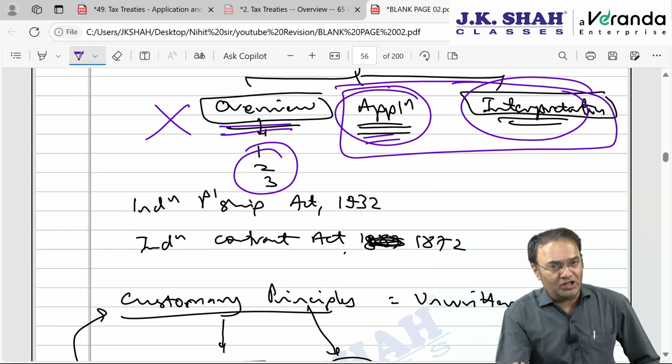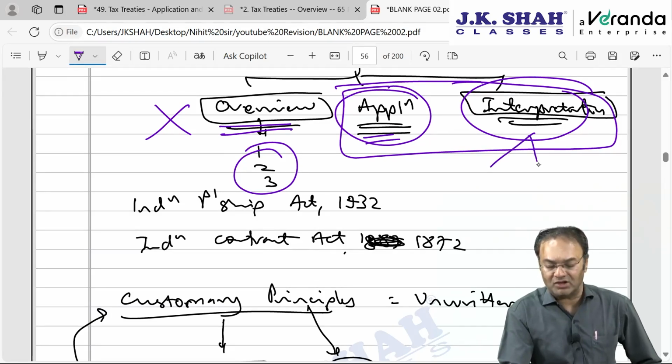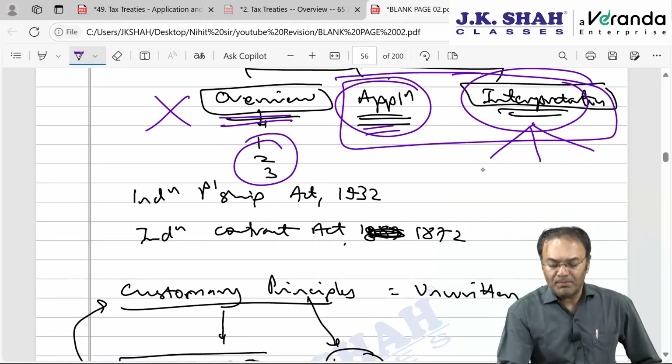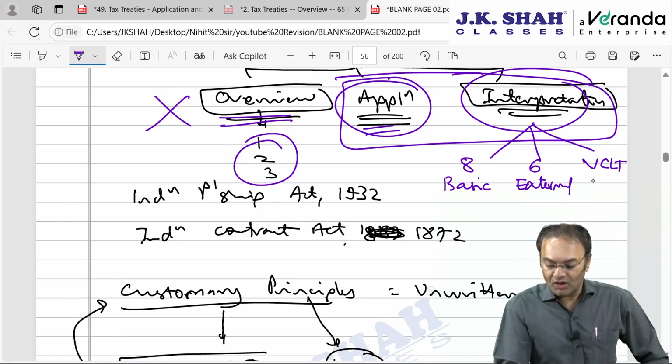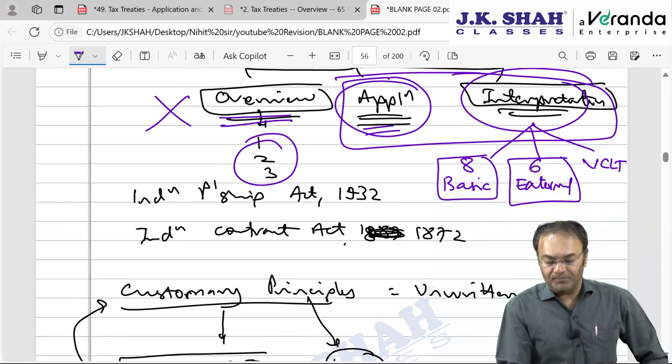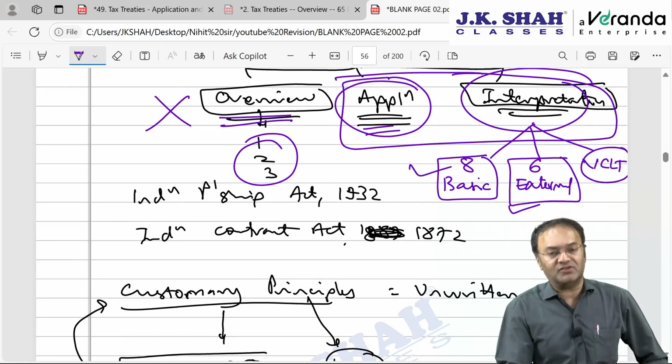Everything talked about in this chapter is about interpretation of tax treaties. The interpretation is divided into three parts. Part 1 was 8 basic principles, 8 basic rules, 6 external aids, and now the Vienna Convention on Law of Treaties, VCLT 1980. This part we are done with, and we are done with some extra points. This is important, and last is VCLT.